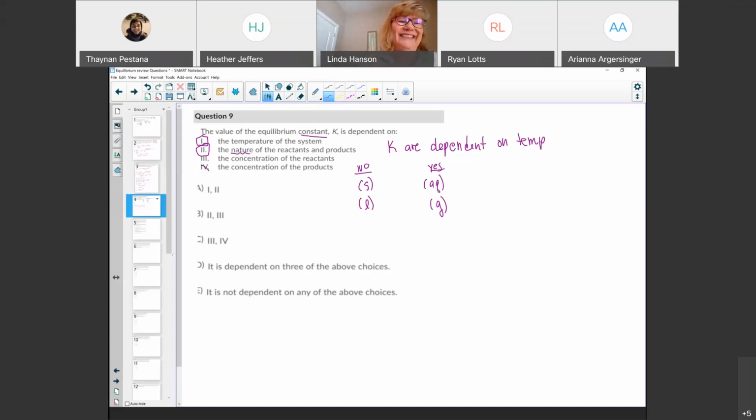So Ks will not change based on concentrations, but they will change by temperature, and they're not including solids or liquids. So again, I included this one because sometimes the term nature of reactants and products has been unclear as to what that vocabulary word was going after. So I wanted to just kind of expand on that.